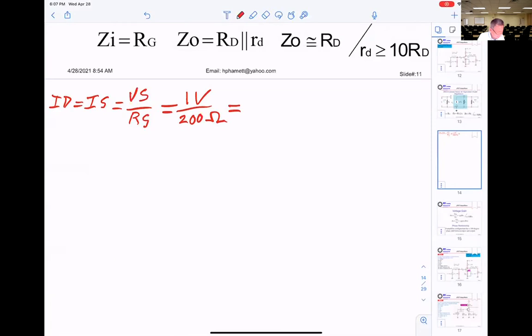Okay, 1 divided by 0.2, you get 5 milliamp. And the next they want IDQ here, okay? And now I want VGSQ.